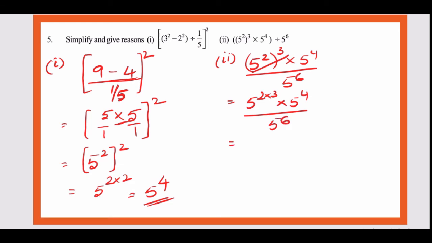Now 5 power 2 into 3 is nothing but 5 power 6 into 5 power 4 divided by 5 power 6. In the numerator 5 power 6 is present, in the denominator also we have 5 power 6. On cancelling them, what am I going to get? 5 power 4. So this is my answer, right?